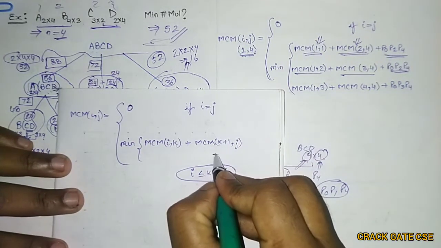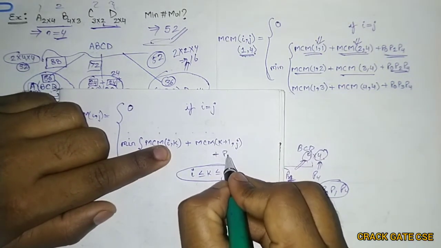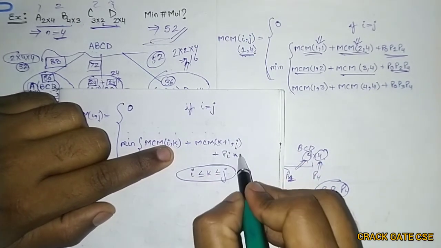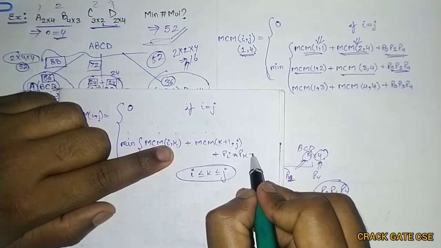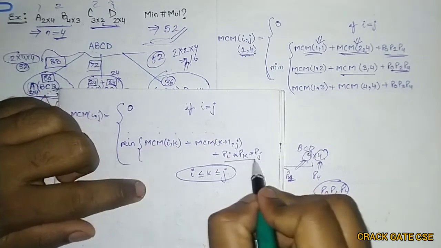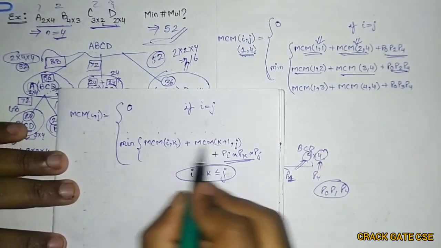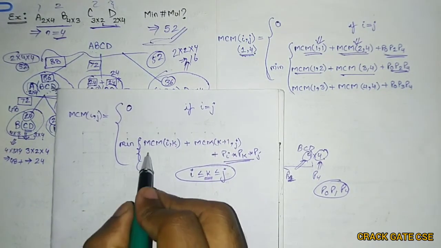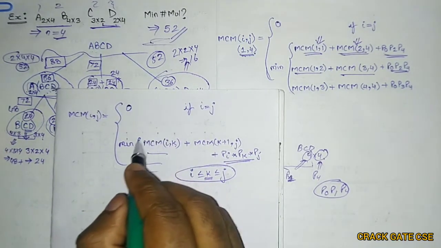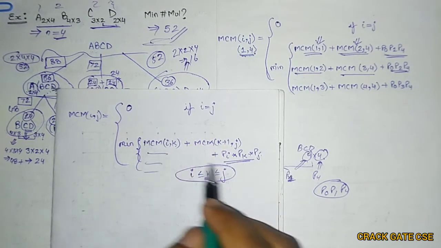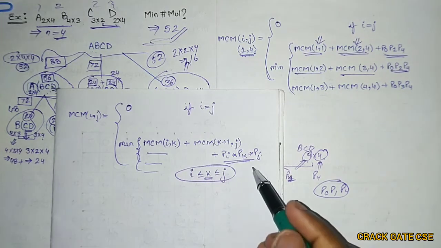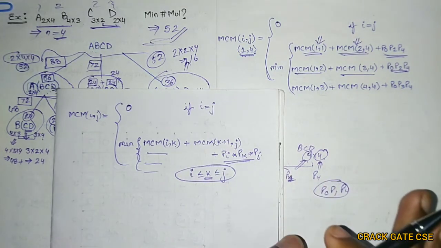So this will be nothing but this p i, multiplied with p k, multiplied with p j. This will be calculated for all the values of k. So there will be some such sequences. I am writing out the general formula only. This will be the recurrence relation if i is equal to j, otherwise. So you got the recurrence relation.